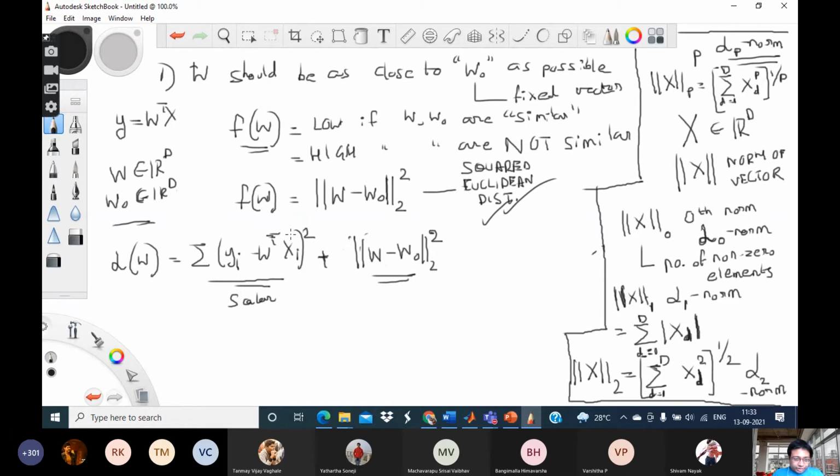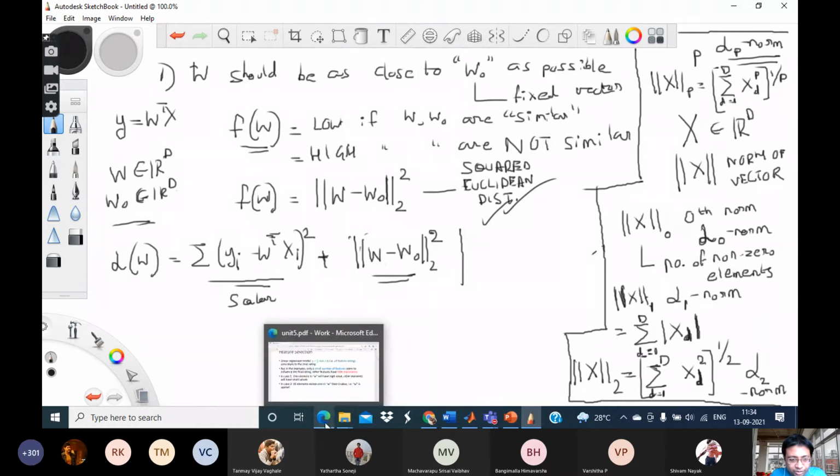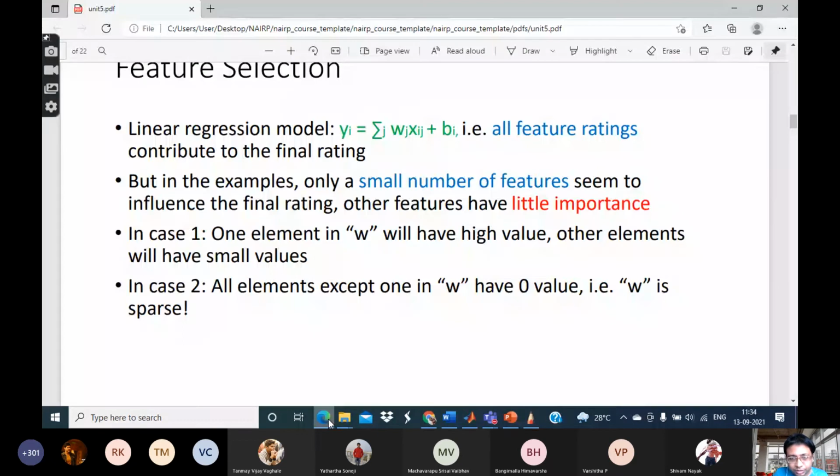Now, if we did not consider this part at all, suppose this part was not there in linear regression, then I would have of course got a W which is close enough to all the data points I am considering. Let me show you this slide.